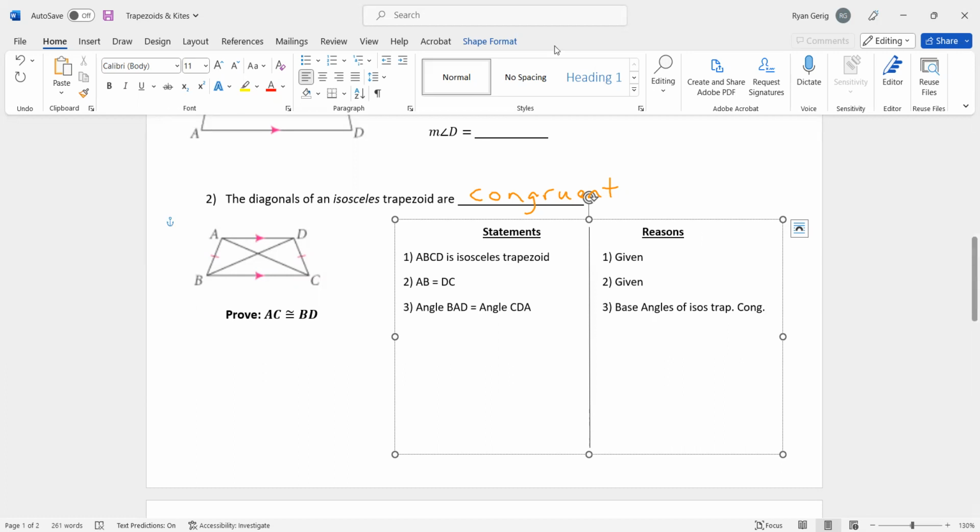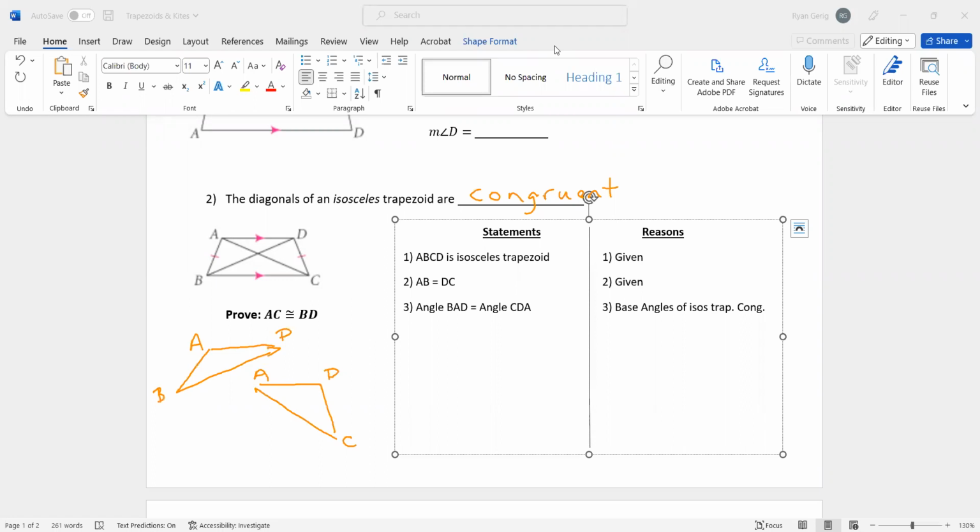Okay. Now I'm going to take some time to redraw these triangles. I'm going to show you what I just did. So BAD, and then ADC.